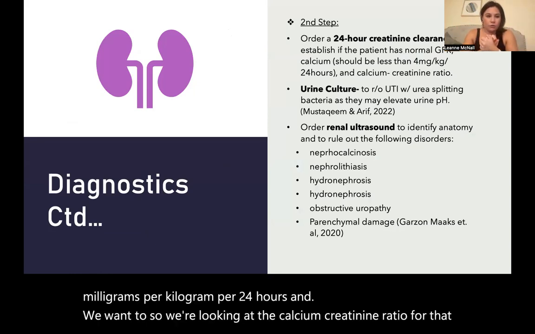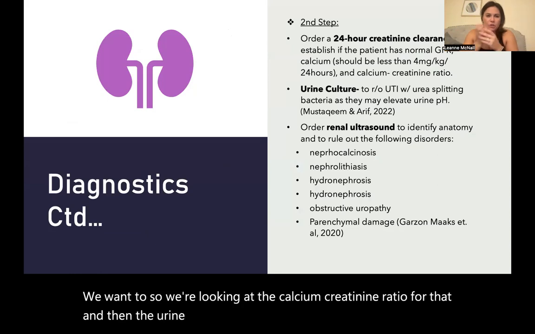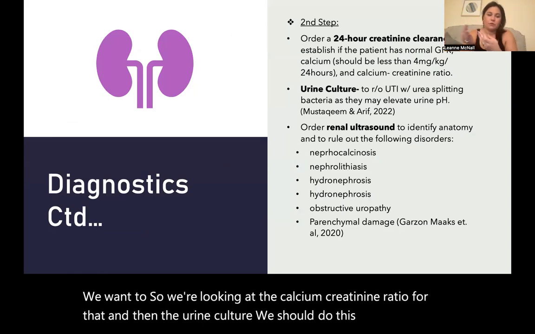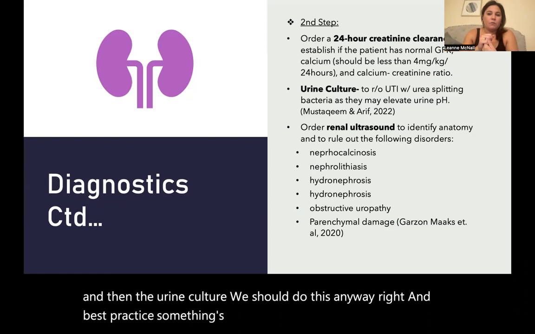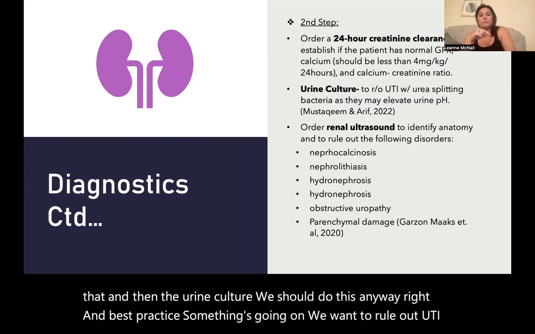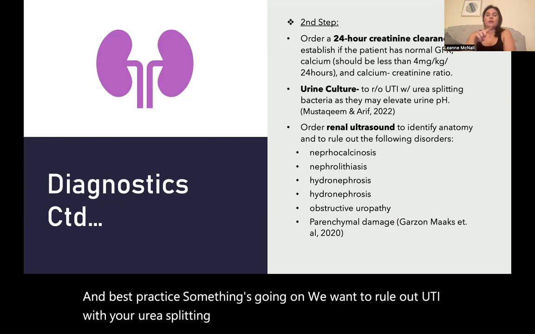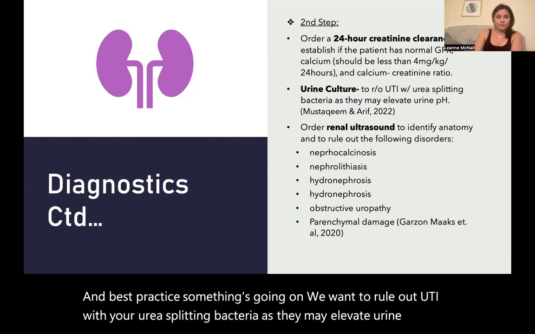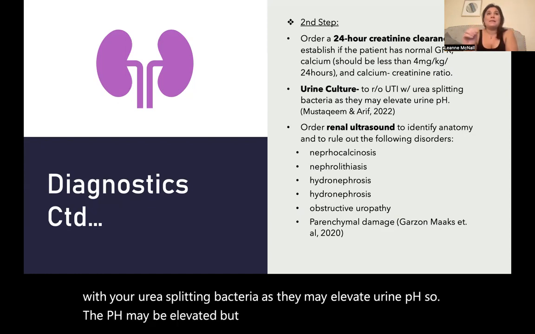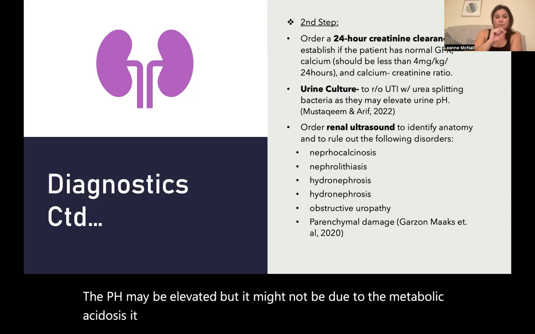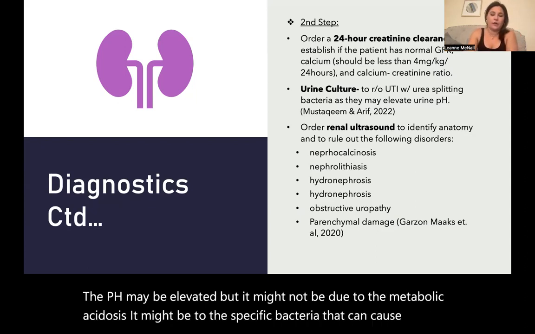And then the urine culture, we should do this anyway, right? In best practice, something's going on. We want to rule out a UTI with urea splitting bacteria, as they may elevate urine pH. So the pH may be elevated, but it might not be due to the metabolic acidosis. It might be due to the specific bacteria that can cause UTI. So that's why you want to do that.